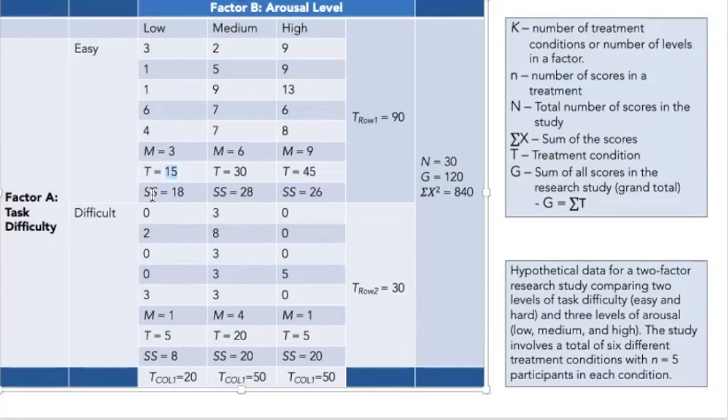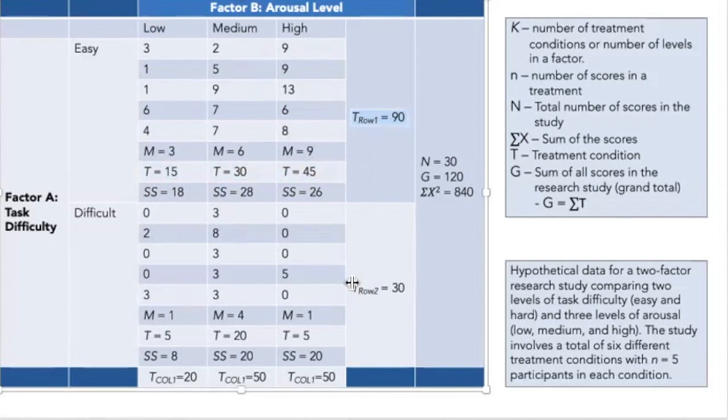And these are the sum of squares values: 18, 28, and 26. Here the T row is 90, that is the combination of all these three T's: 15, 30, and 45. So we call it T row 1, that is 90. When you want to find the main effect of factor A, these T row values are very important.